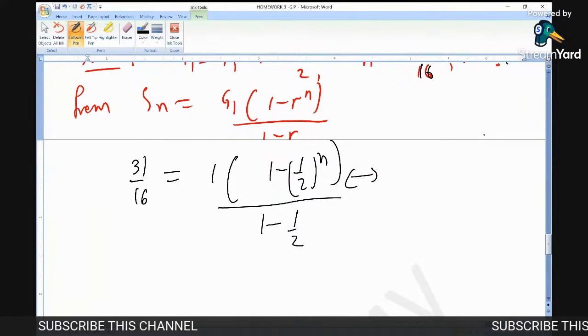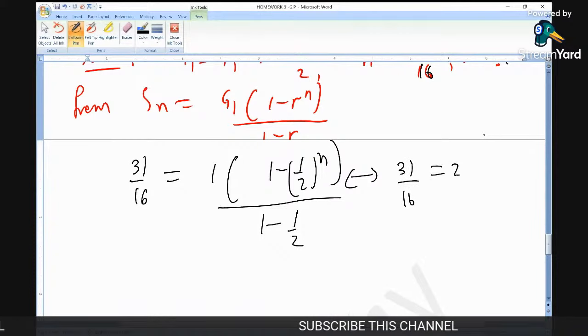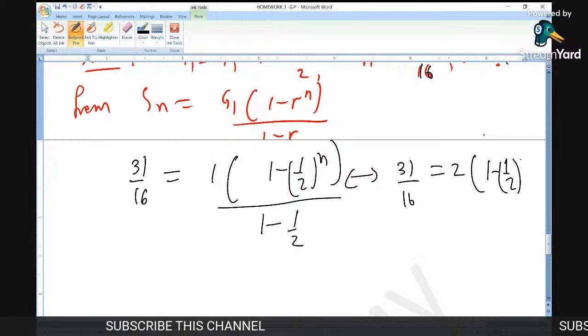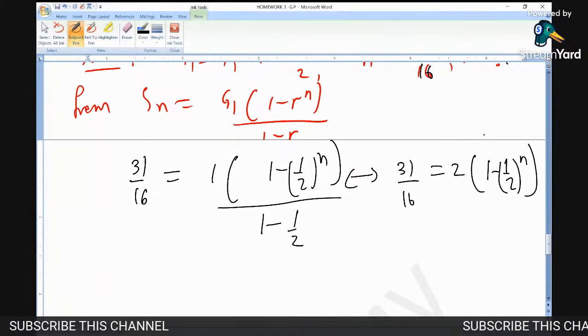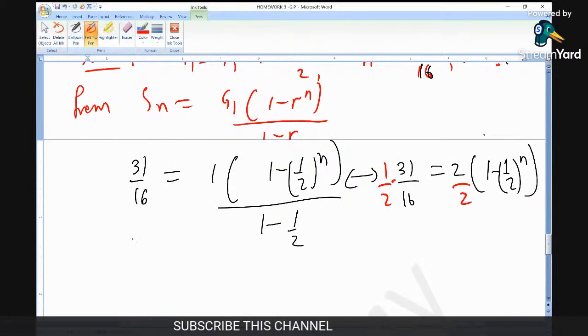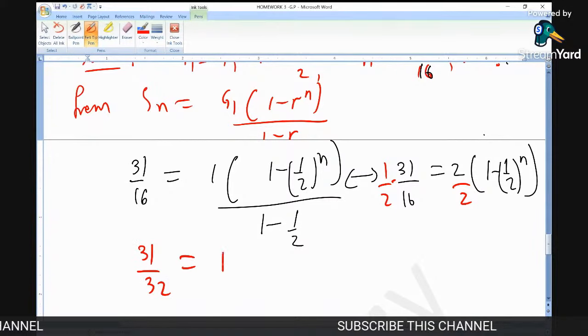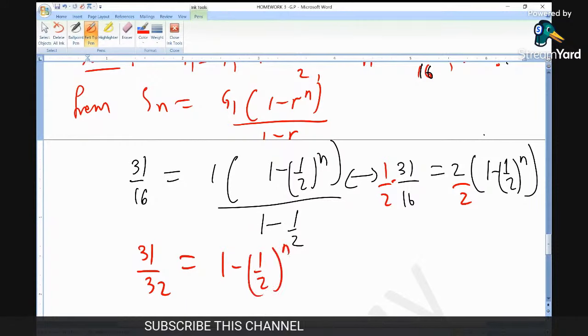And to do the operation there, we have 31 over 16 equals 2 in the bracket 1 minus a half power n. So you divide by 2 both sides now, and we are going to get 31 over 32 equals 1 minus a half power n.